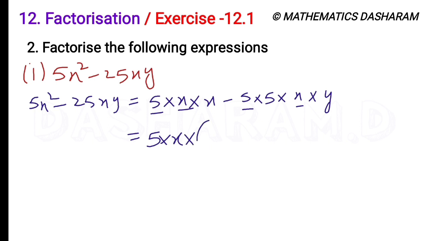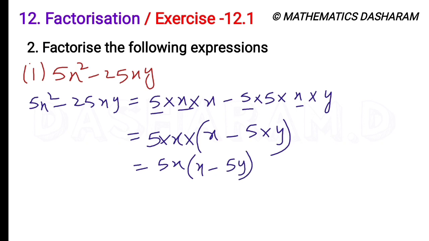Now take the bracket: the remaining term from the first is x, the remaining term from the second, write the minus symbol as it is, so minus the remaining terms 5 into y. So 5x, bracket of x minus 5y. So now it is a product of two terms: 5x, and another one, x minus 5y.